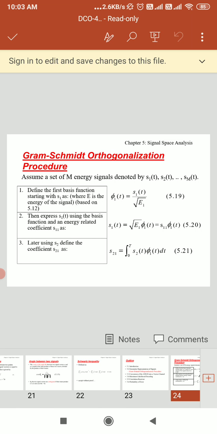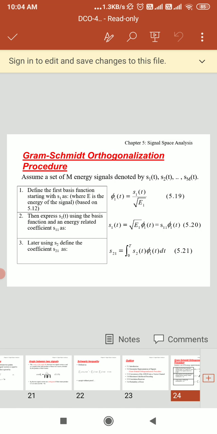We can express these as linear combinations of n orthogonal basis functions. The orthogonal basis functions we are taking as phi j of t. So we can express the set of m energy signals S1(t), S2(t) up to Sm(t) as a linear combination of n orthogonal functions.